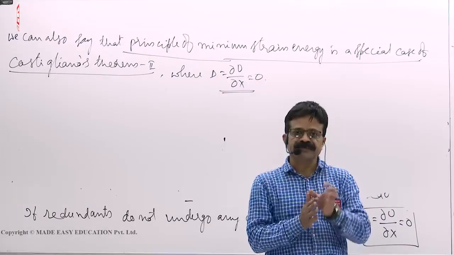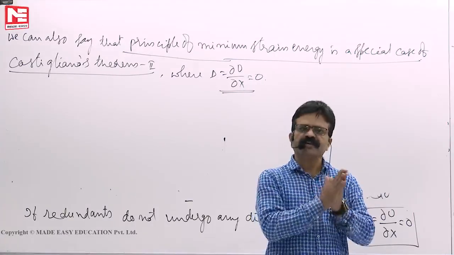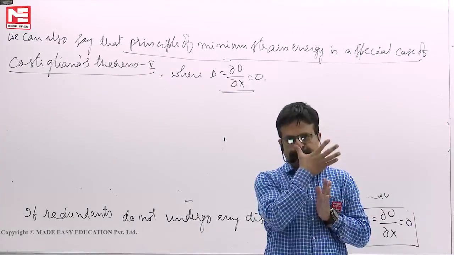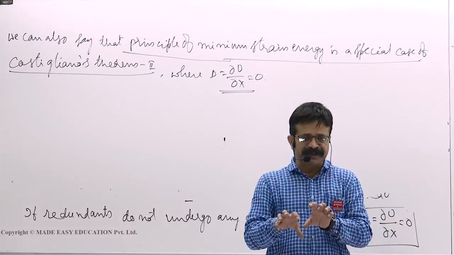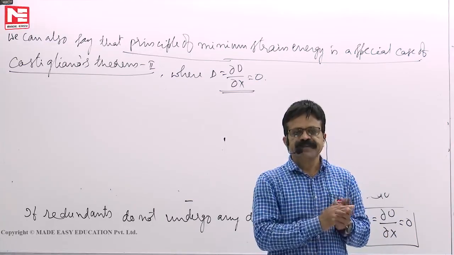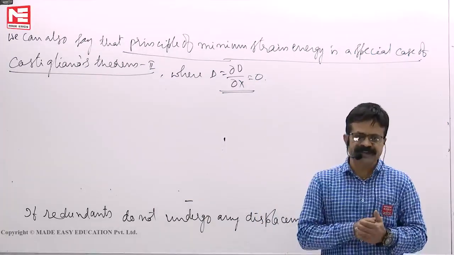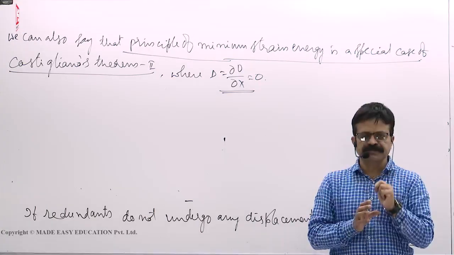So theorem 1 gives you stiffness coefficients, or it comes under the stiffness method of analysis, displacement method of analysis or equilibrium method of analysis, because you get a set of equilibrium equations and a set of stiffness coefficients. That's why. Then we have studied the complementary energy. Related to complementary energy, you have two principles.